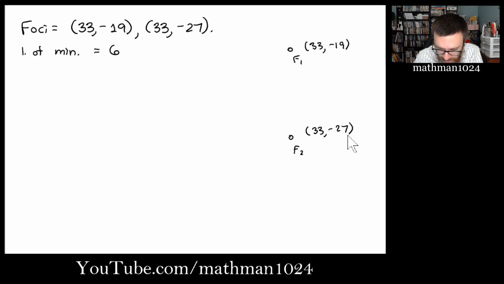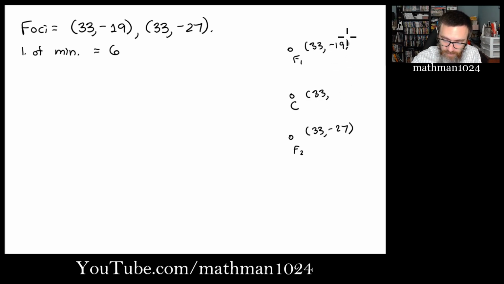Your center is going to be the midpoint of your two vertices. It will be the midpoint of your two foci. So, the midpoint of these two foci is going to be 33, and then the average of these guys.